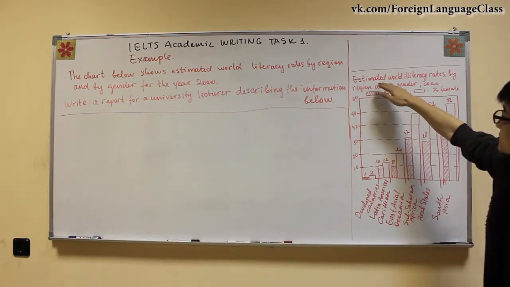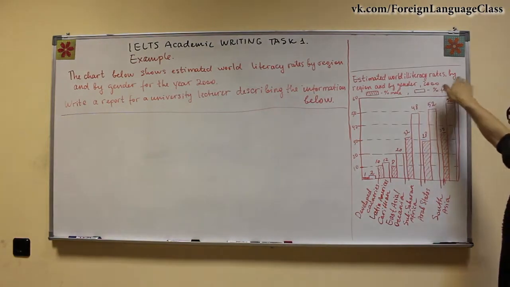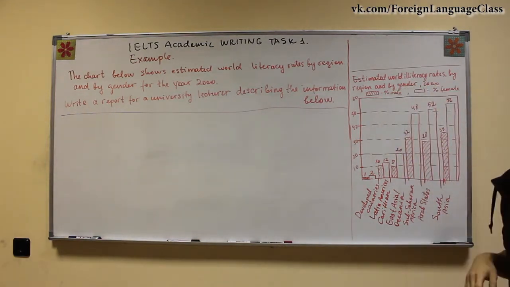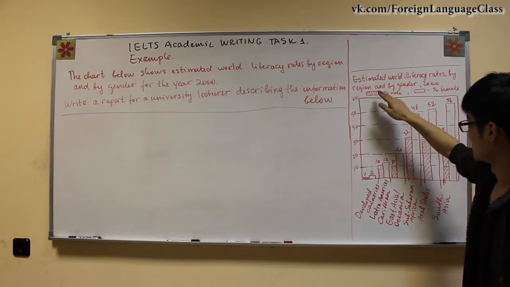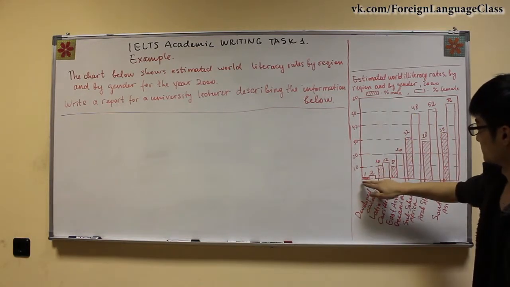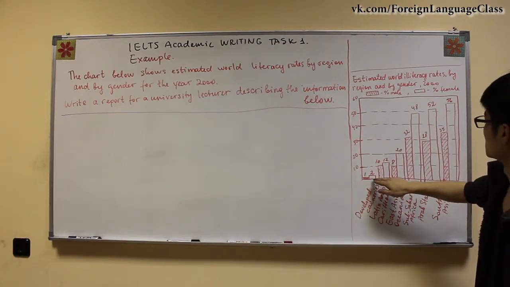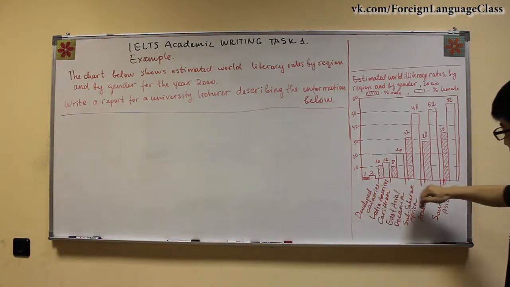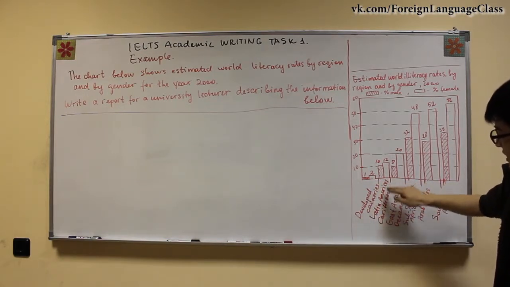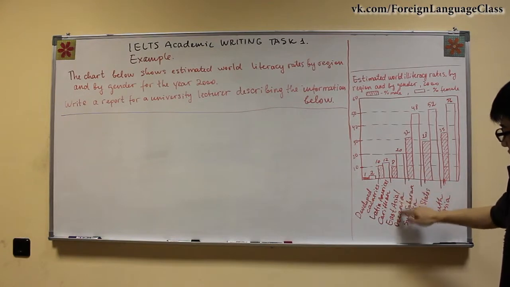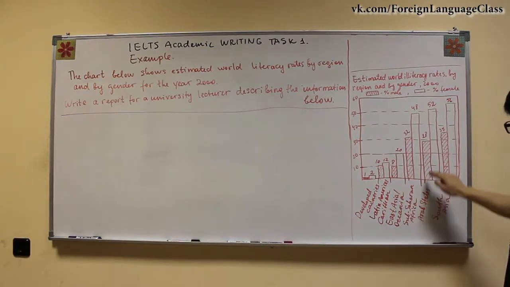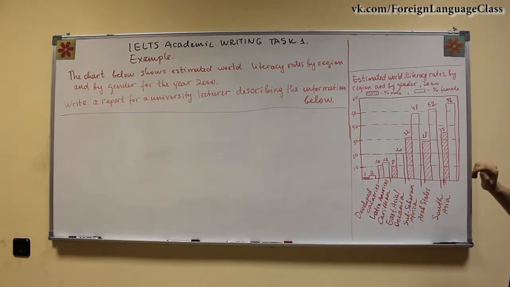The title is Estimated World Illiteracy Rates by Region and by Gender 2000. We have it for men and women in different regions: the developed countries, Latin America, Caribbean, East Asia, Oceania, Sub-Saharan Africa, the Arab states, and South Asia.